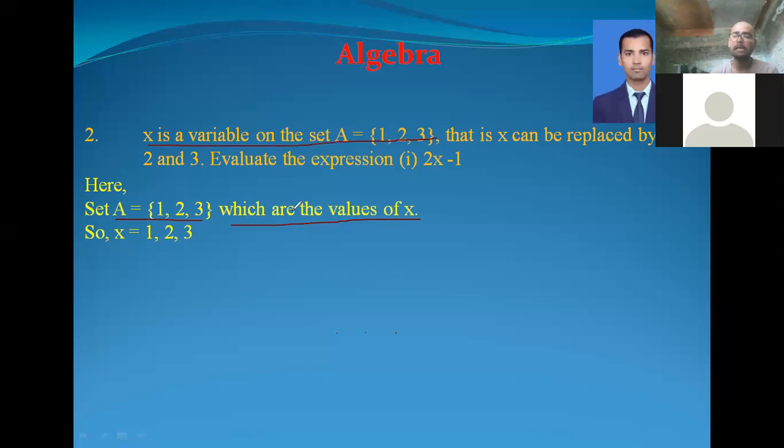That's why these are the values of x, the elements given in the set A. So we can write x is equal to 1, 2, 3. It means these 1, 2, 3 are the values of x which we need to replace in the expression 2x plus 1. So let's solve it.